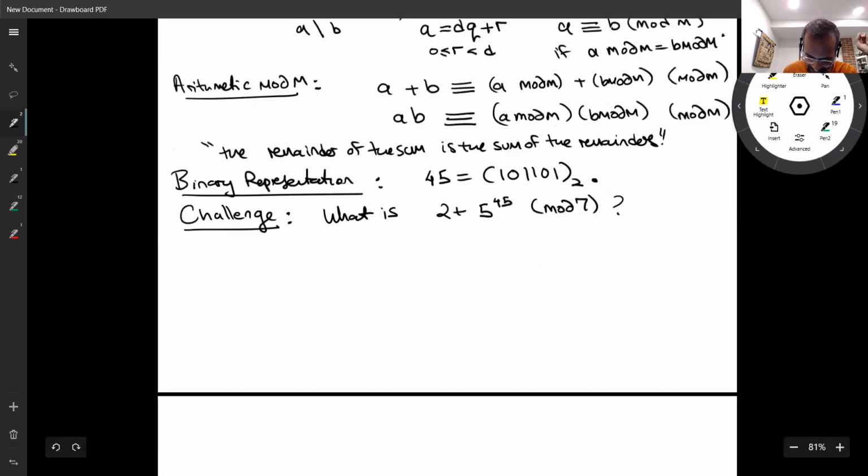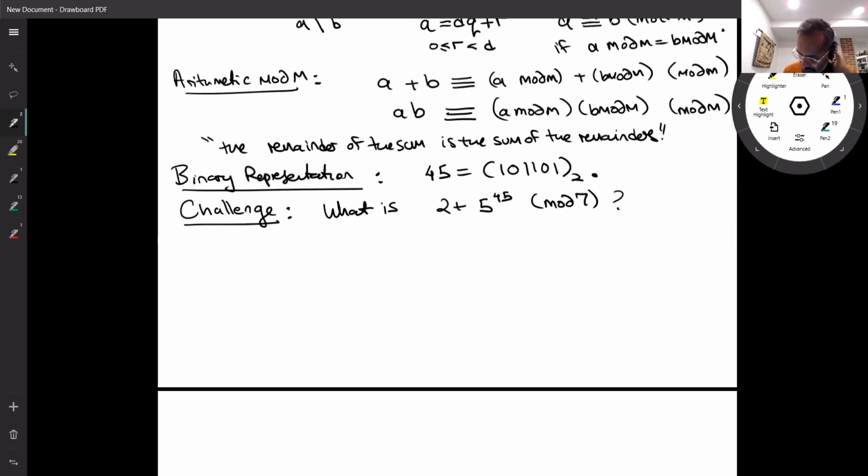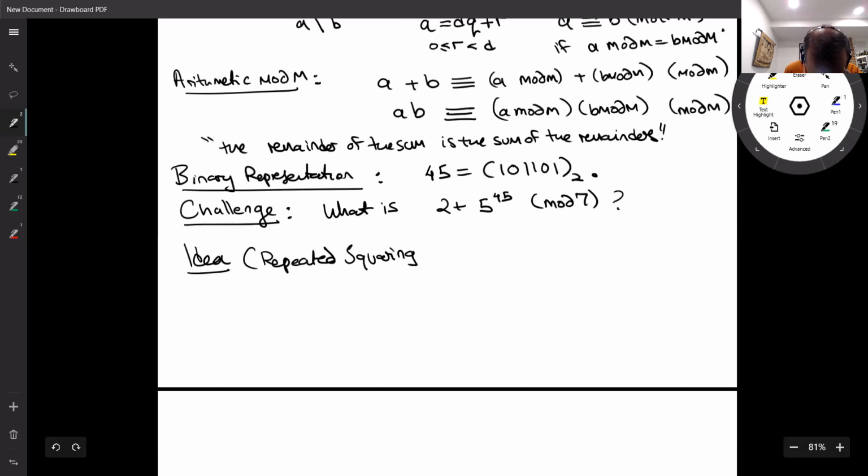So let's use these properties to solve this problem. So this is an idea which is called repeated squaring, and it's formalized in algorithm 5 in the book, in section 4.2, I believe.